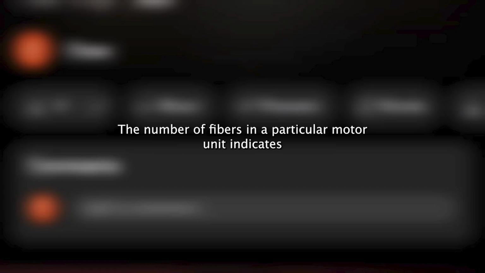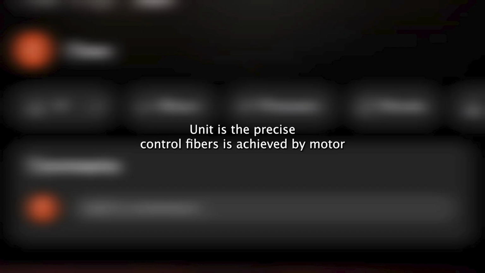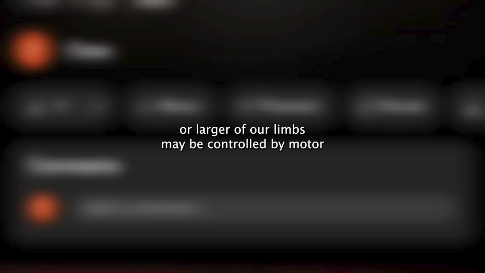The number of fibers in a particular motor unit indicates how fine or precise that motor unit is. The precise control of eye movements is achieved by motor units with only 4 to 6 muscle fibers, while the more gross or larger movements of our limbs may be controlled by motor units with 1 to 2,000 fibers.